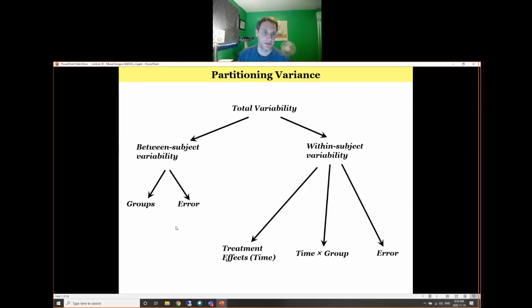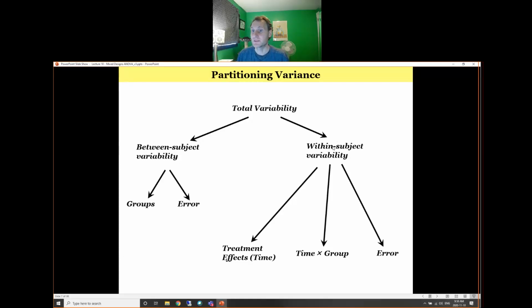And that variance can be broken into 2 different parts. One is how much of that variance is due to the type of therapy that they received, which group they were in, which condition they were in. And whatever's left over is error. So anything that's not explained by the group, but is still between subjects variance, is just error.